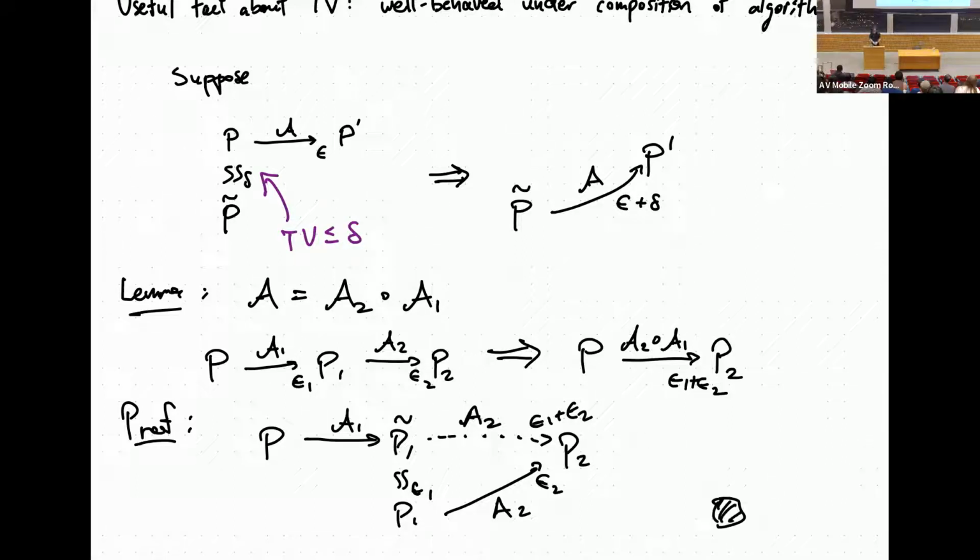And so why this is useful is that we can now think about algorithms as having subroutines, operating sequentially. And we can, at any intermediate point, pretend that we have the distribution that is some sort of idealized thing that we wish it was, and just in a comfortable way, add up the epsilons, which are the various errors along the way.